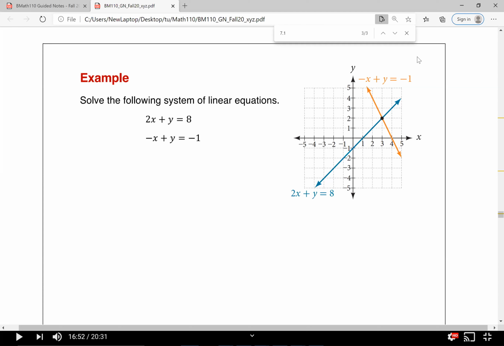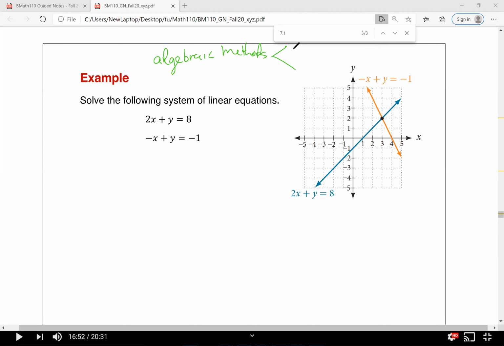For the algebra method, you have only two ways.